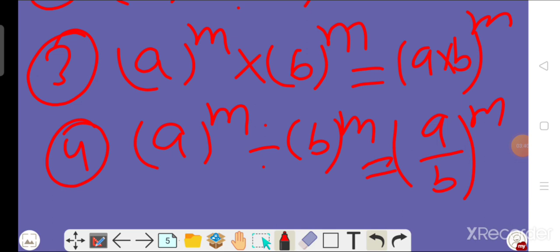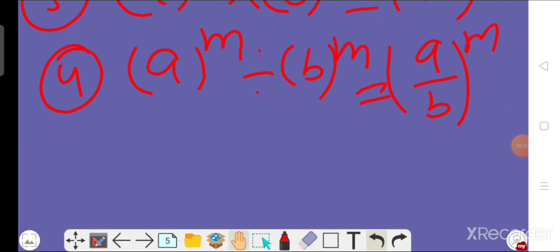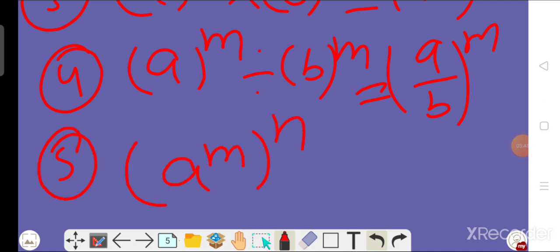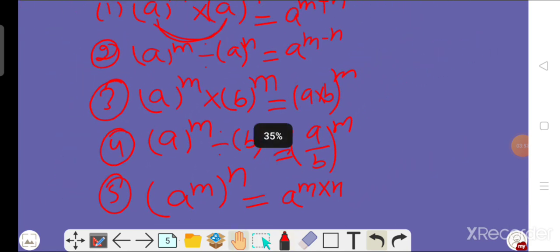Okay, and the next property is a raised to the power m and the whole raised to the power n. In this case power will be multiplied, a raised to the power m multiplied by n. These are the properties related to the exponential terms beta.